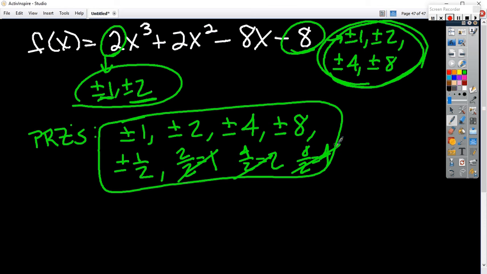Good job. So think about these as test points, and you'll plug them in. This is why I said you really want to get a hold of synthetic division, because it'd be a lot of long division if not. I'm going to keep trying until I get a remainder of 0.